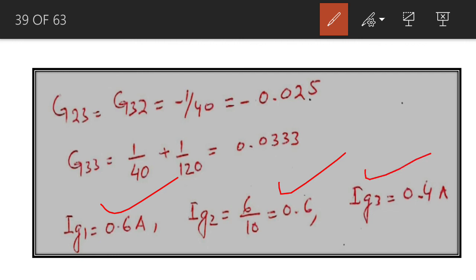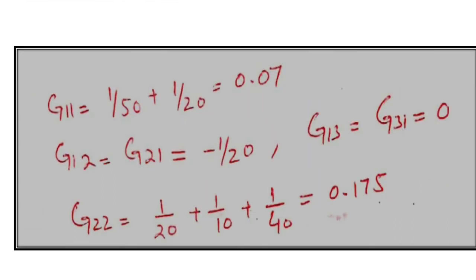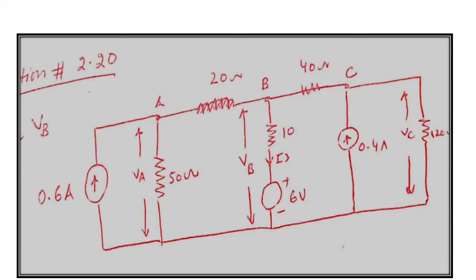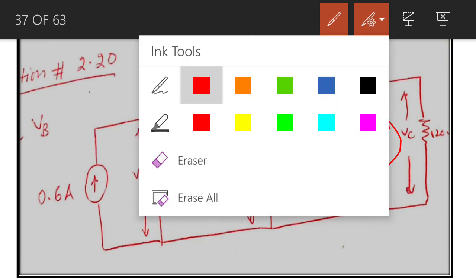For Ig3, we consider the source which has been connected to the third node. And you will see that a current source has been connected to the third node, and the current of this current source is moving toward this node. So this current will be positive.